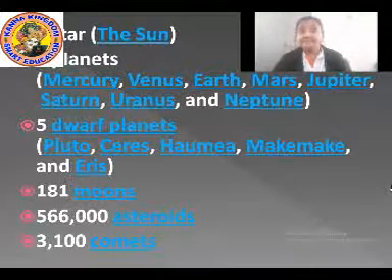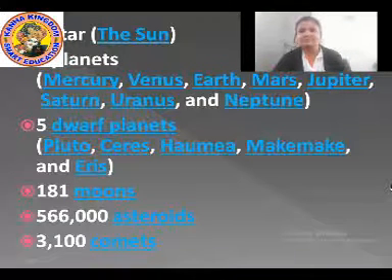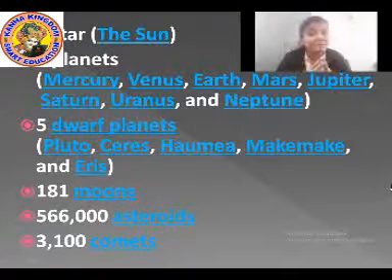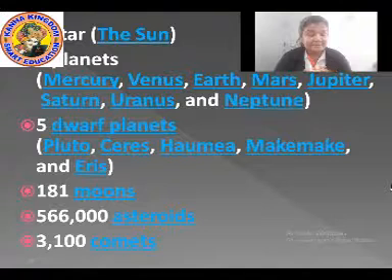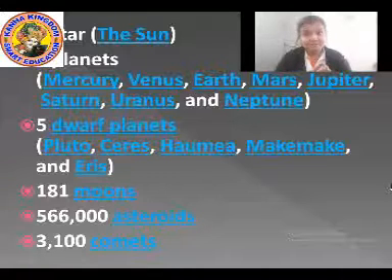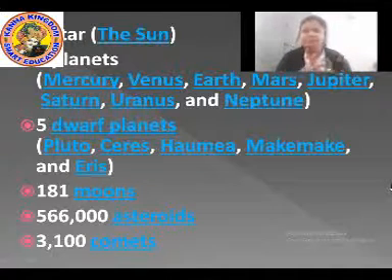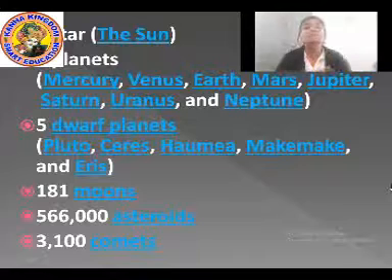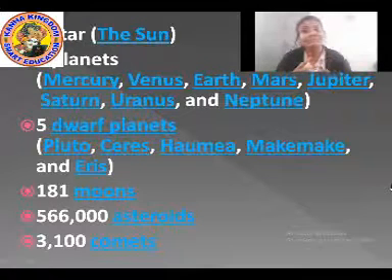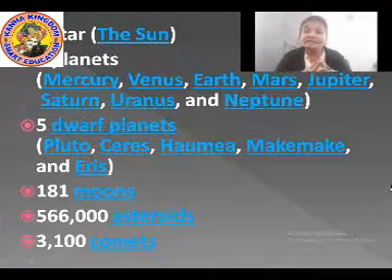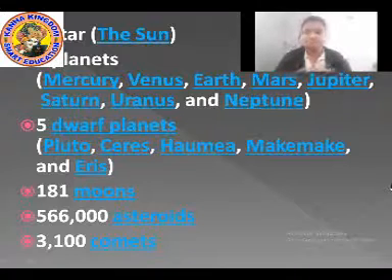Now next is some large asteroids. I showed you the picture of asteroids in the classification of celestial bodies. Some asteroids have their own moon. Not only planets have their own moon, or satellites, but some large asteroids even have their own moon.